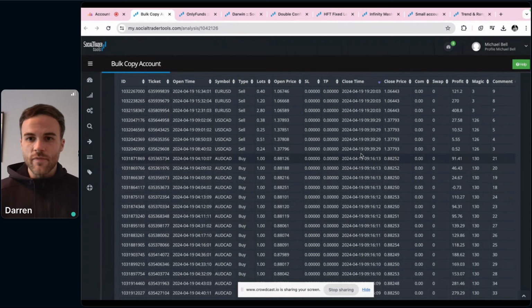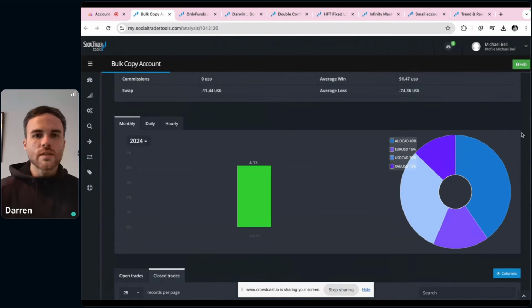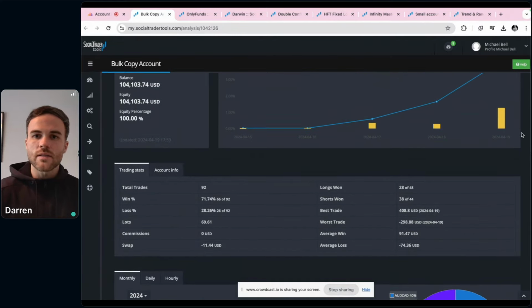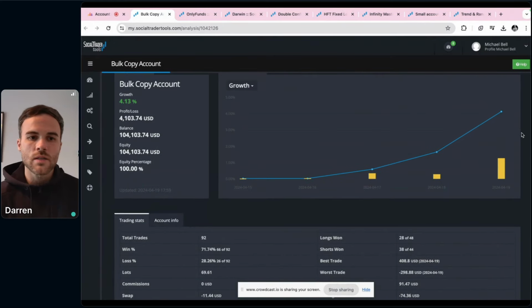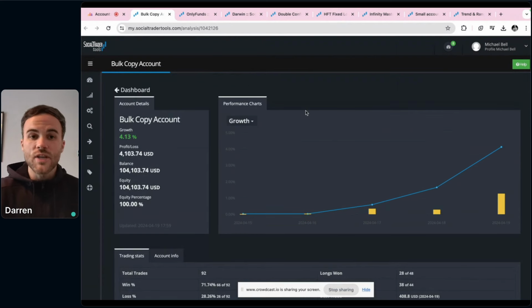It is running a negative pip set, so it's really aggressive, but I wanted it for that reason. And I've noticed that once it hits 10K drawdown, and it's done this 3 or 4 times over the past, let's say 6 weeks, when it hits 10K drawdown, it usually reverses and banks big. And this would be ideal for copying over to a funded challenge. It did 4K last week.